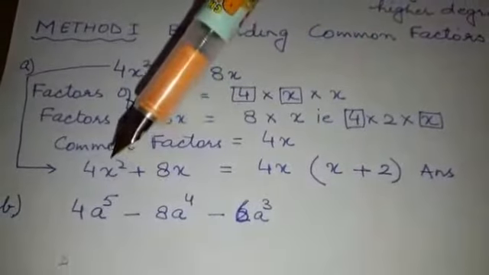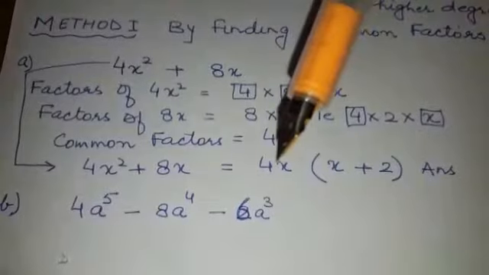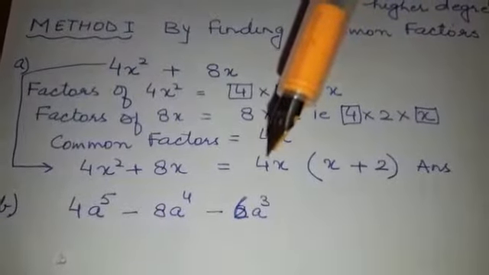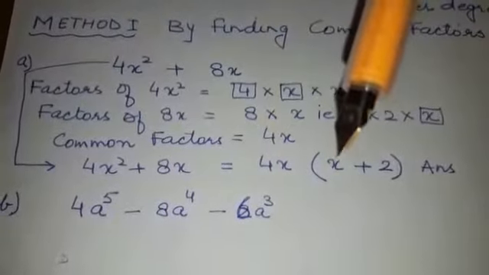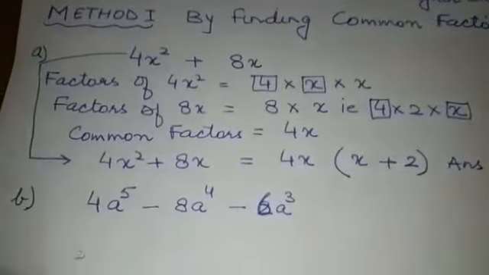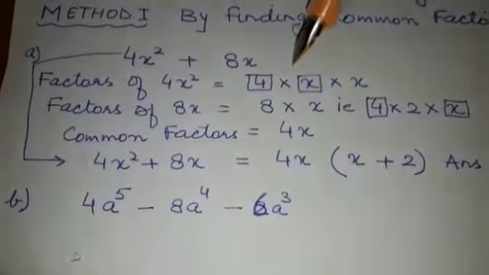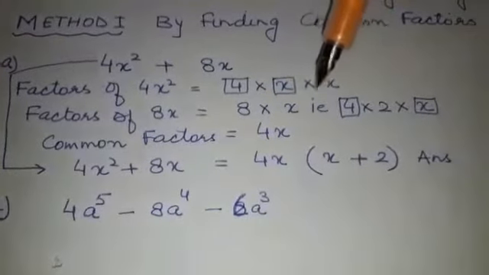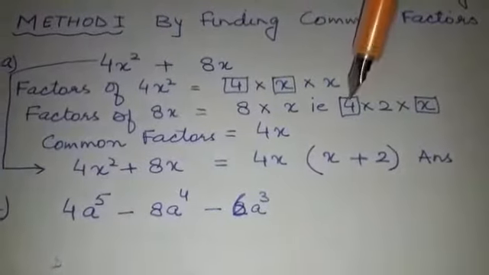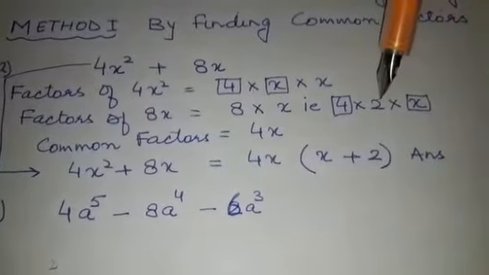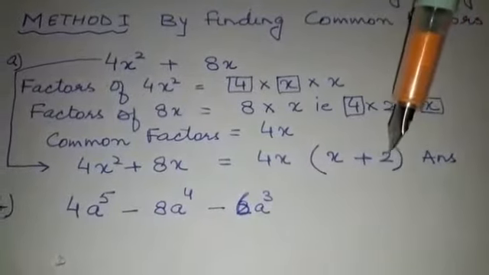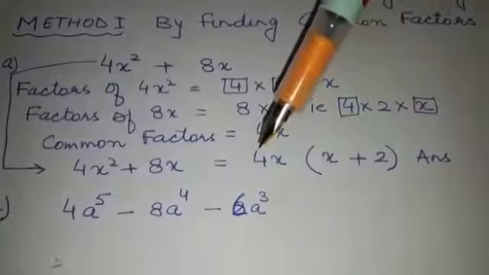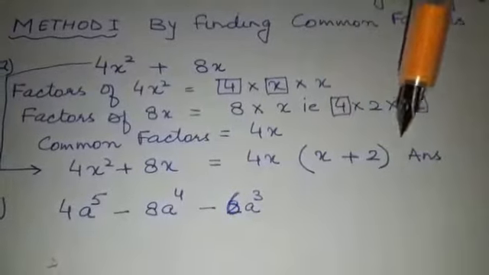The term was 4x square. This 4x was brought out. And we are left with only x because 4x square, see here very carefully, 4 and x are taken out and we are left with x. Similarly, in the second term, 4 and x were taken out, so we were left only with 2 inside the bracket. And we get the answer 4x bracket x plus 2.